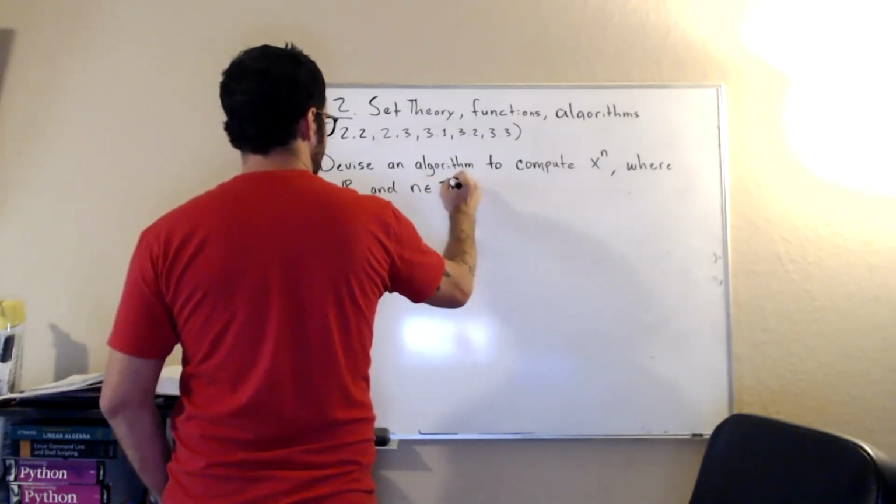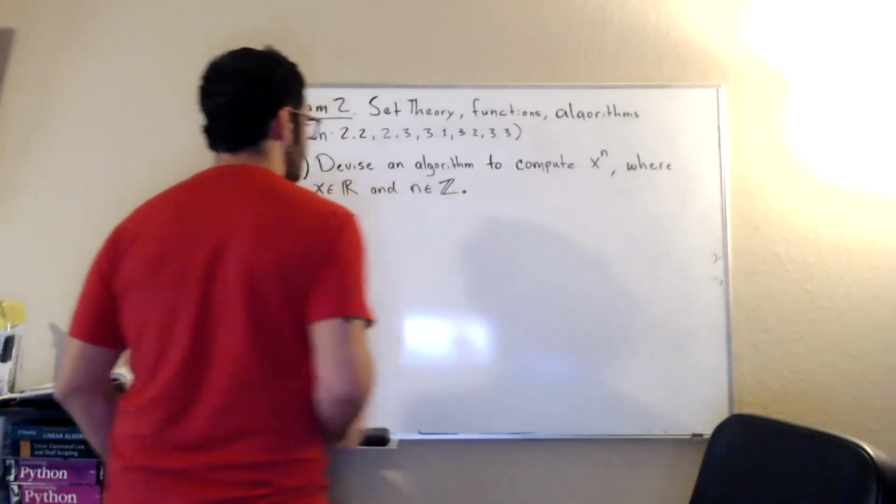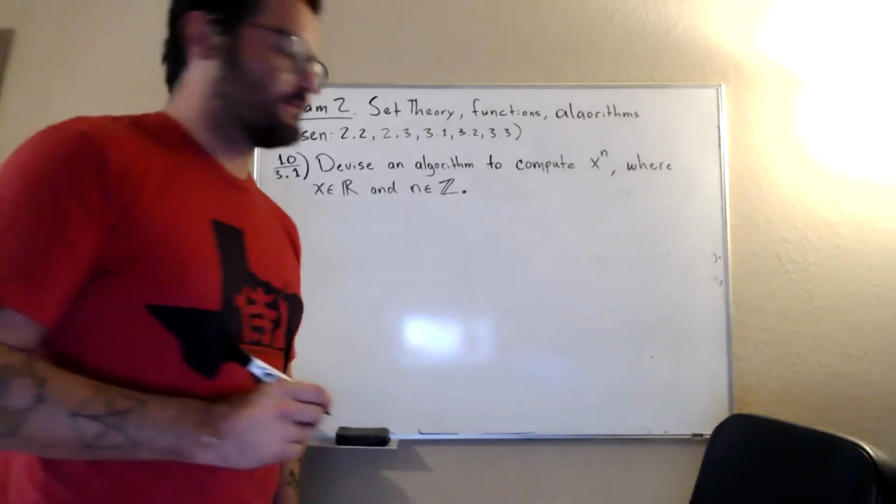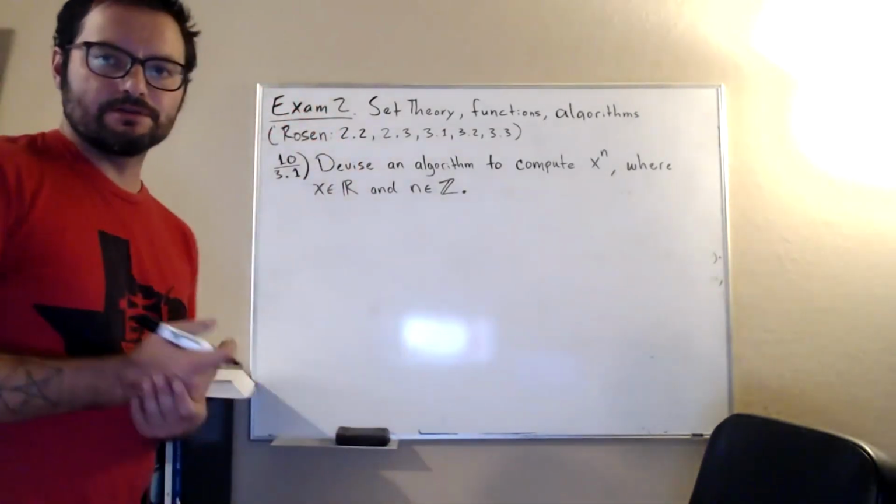So n can be positive or negative. Basically, it wants you to write out pseudocode to do this.